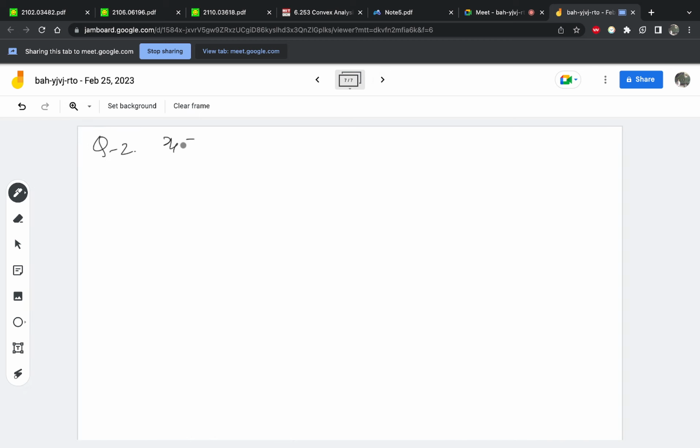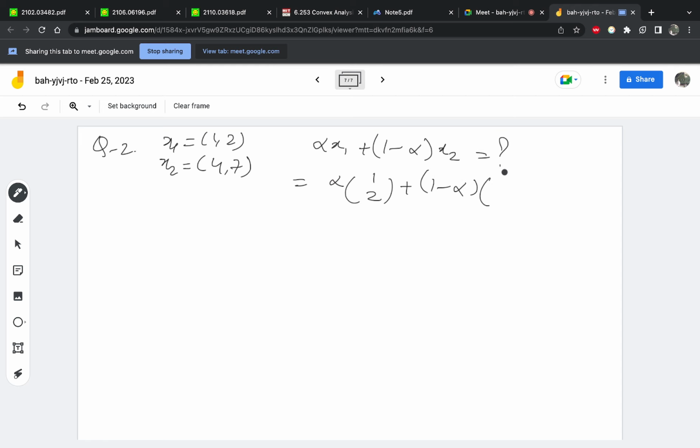There are 2 points given to us in the next question. X1 is (1, 2), and another point is (4, 7). If I were to ask what is the convex combination of these 2 points, this one is not really conceptual.